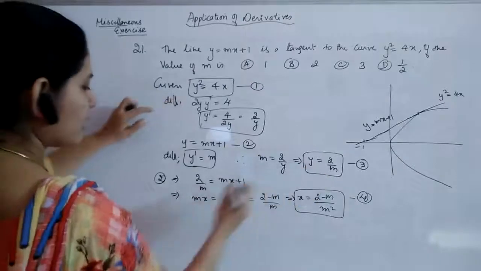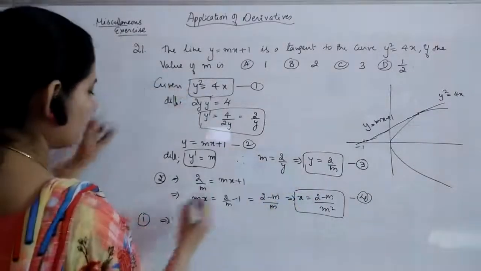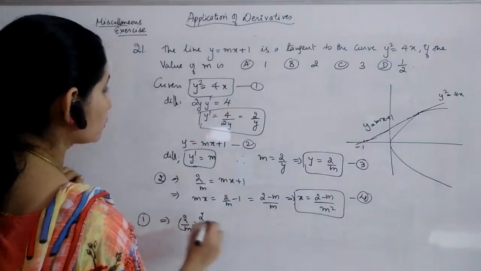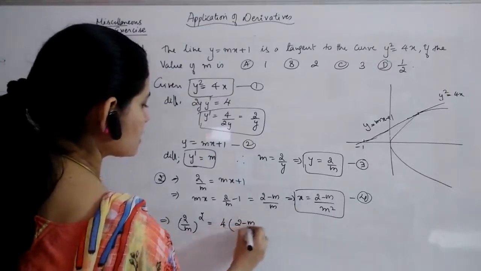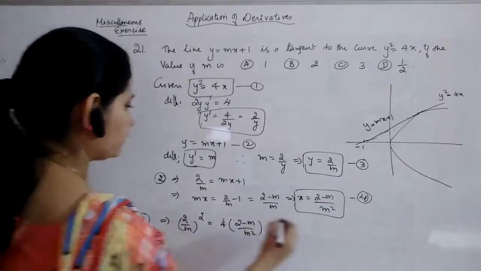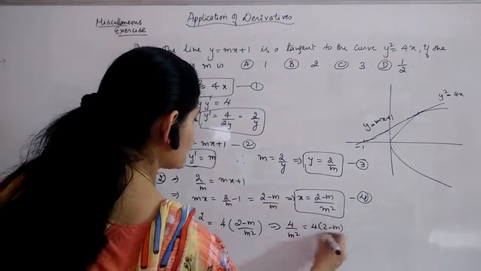So y is 2 by m. So in equation 1, we are replacing the value of y as 2 by m, which will give you (2 by m) the whole square is equal to 4 into x, which is (2 minus m) by m square, right? So this will give you 4 by m square is equal to 4 into (2 minus m) by m square.